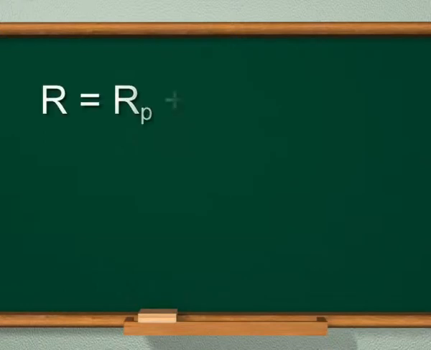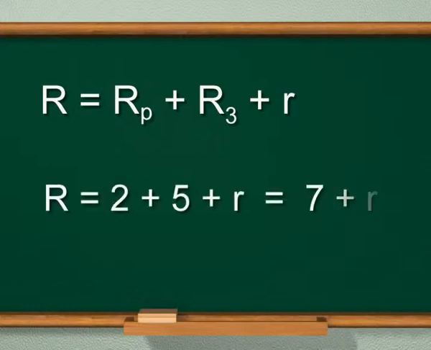If small r be the internal resistance of the battery, then the total resistance of the circuit R is equal to R3 plus Rp plus small r, or R is equal to 2 plus 5 plus small r, equal to 7 plus small r.